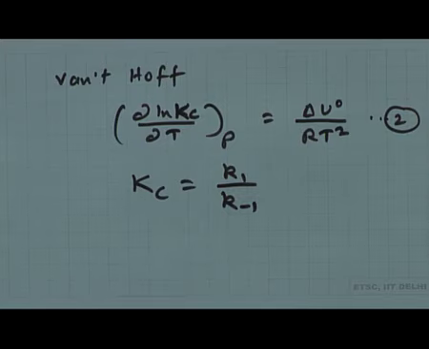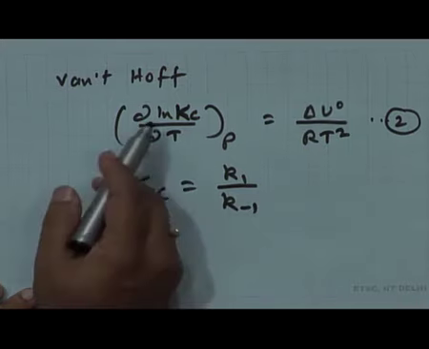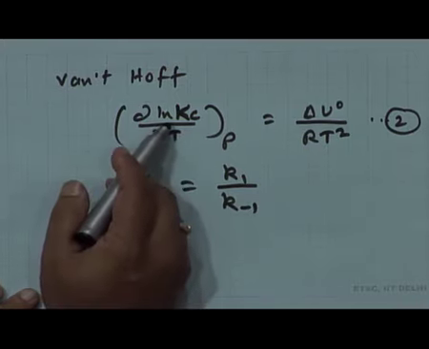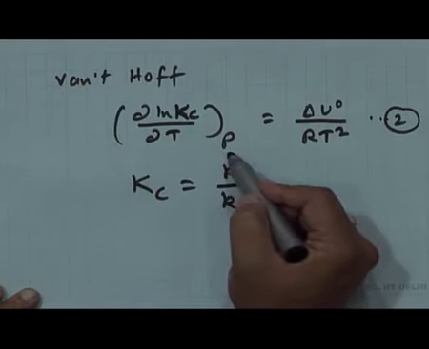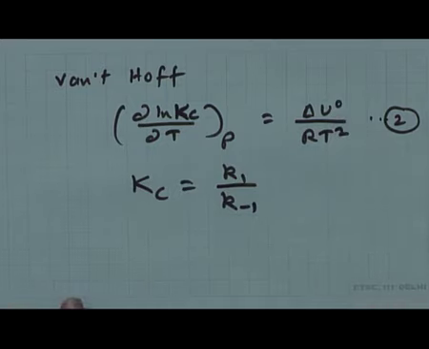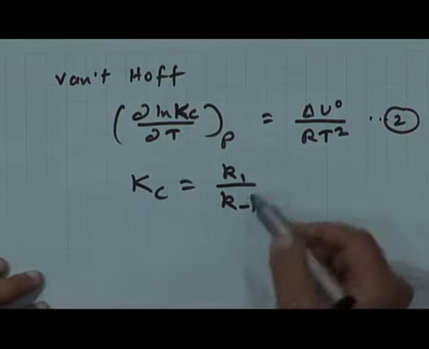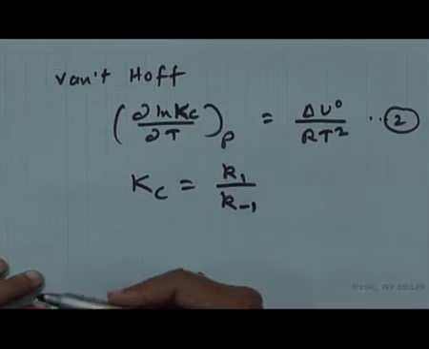Now once we had this, you see in this expression we had this Kc. This was a partial derivative because we are taking it at constant pressure. This ΔU is the standard internal energy change based upon the reaction. Now what we can do here is take this expression for Kc and put it back in this equation.